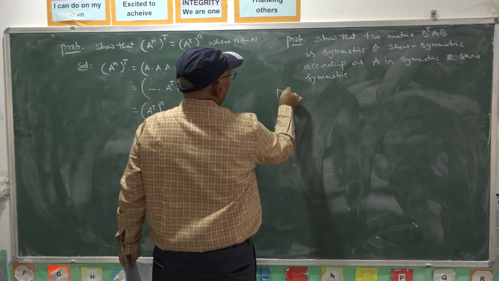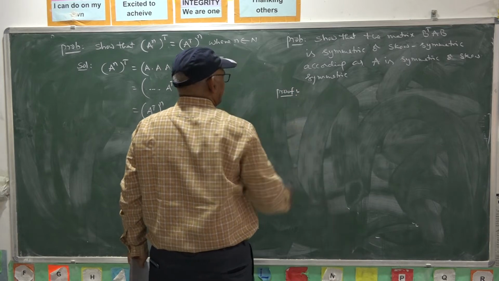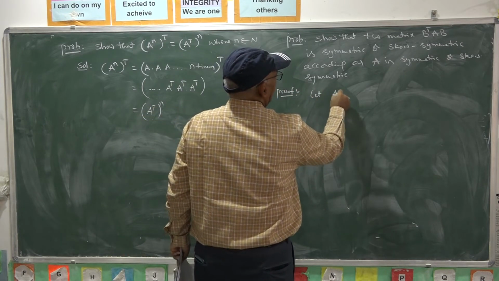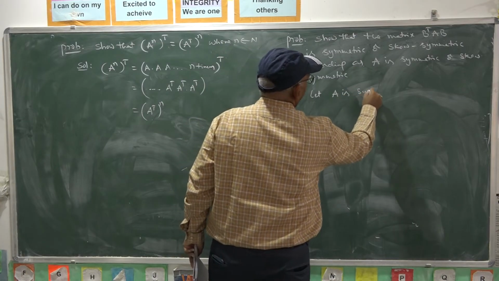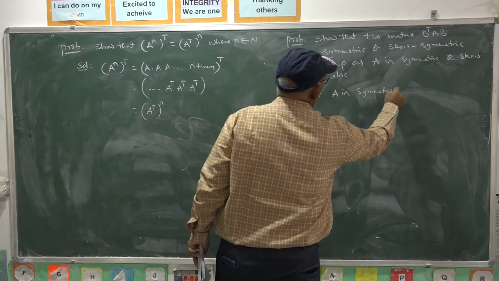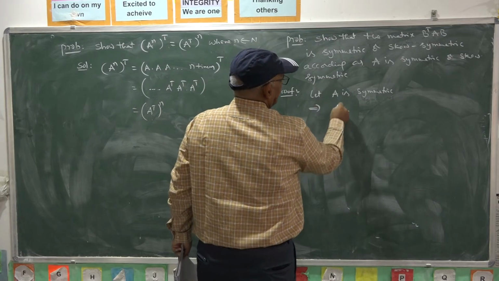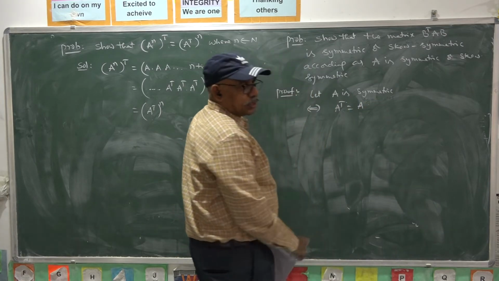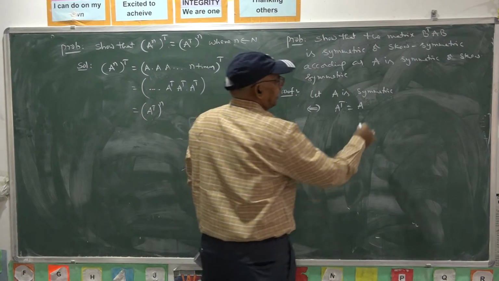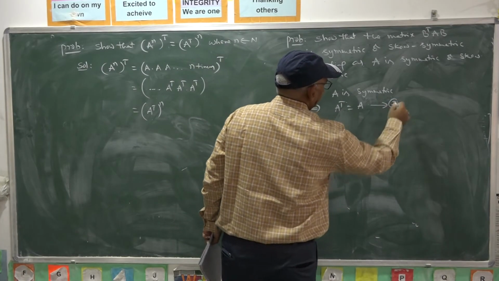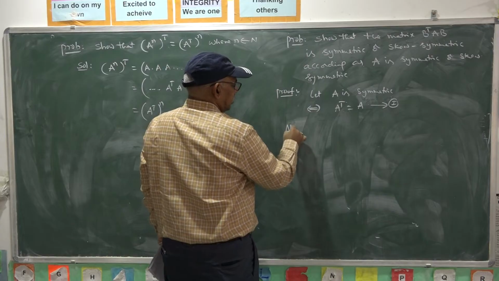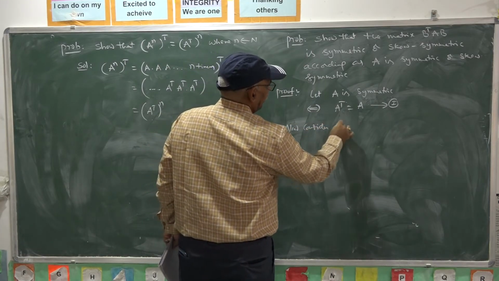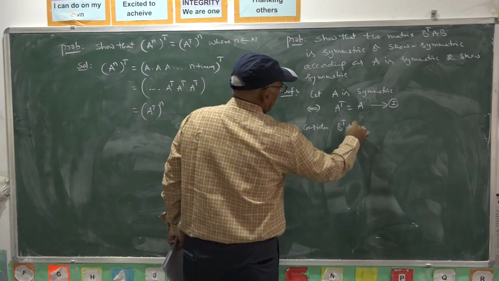Now proof. Let A be symmetric. That implies A transpose equal to A. Let it be 1. Now consider B transpose AB whole transpose.